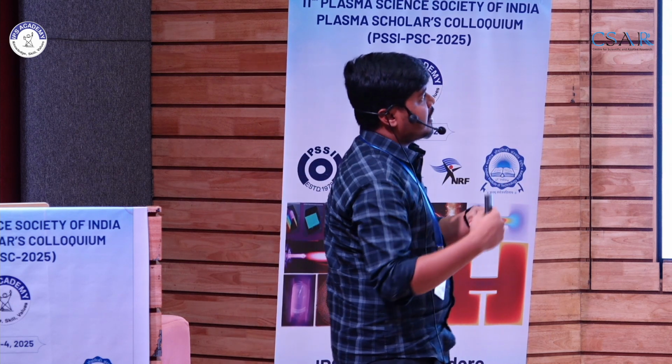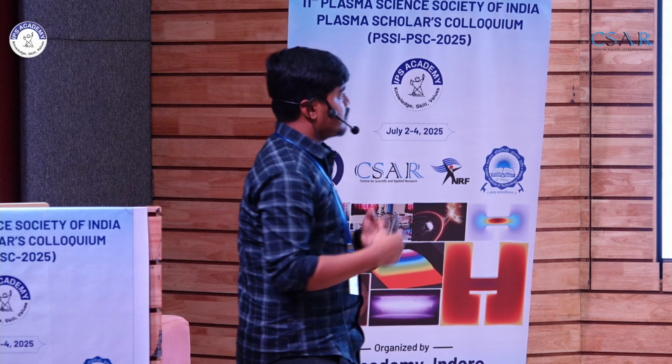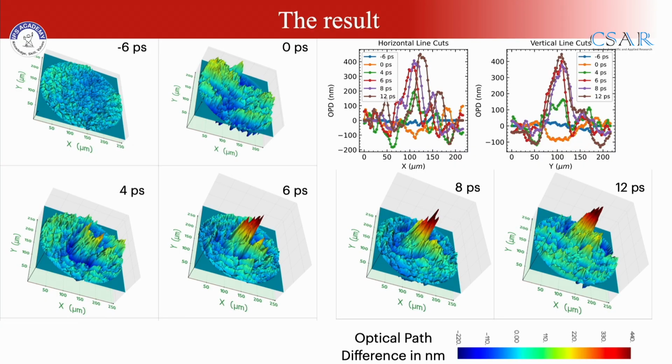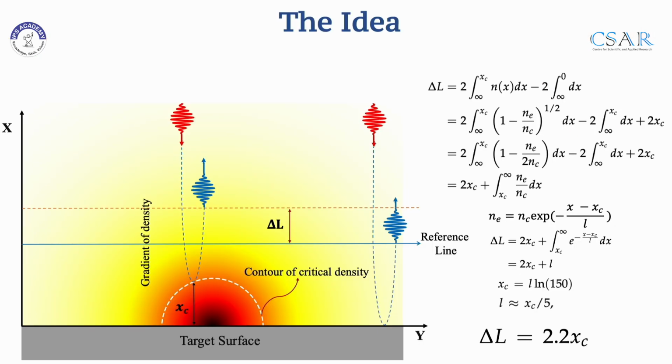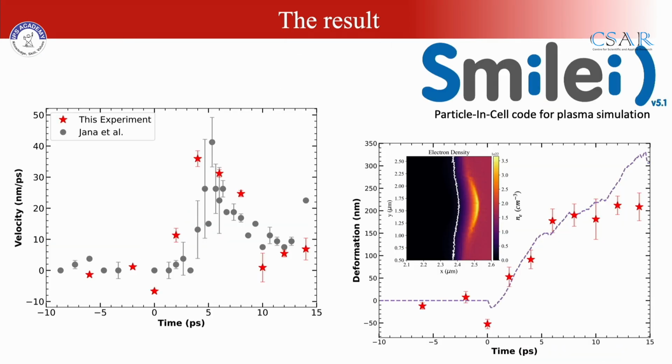And after that, when the main laser pulse which created the plasma is gone, the plasma begins to expand. So this is the expansion that we see in real time, right? Okay.